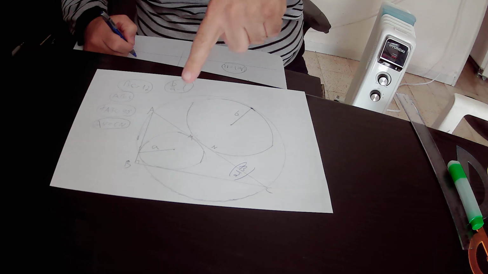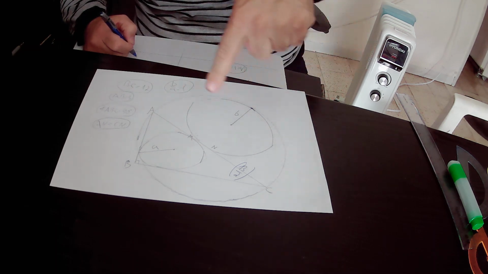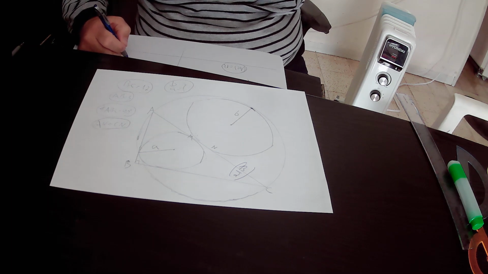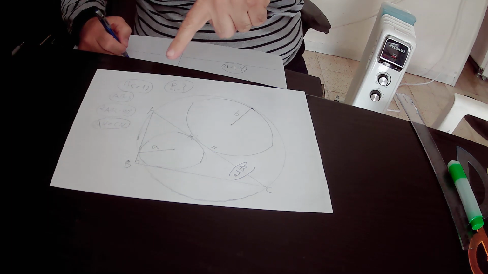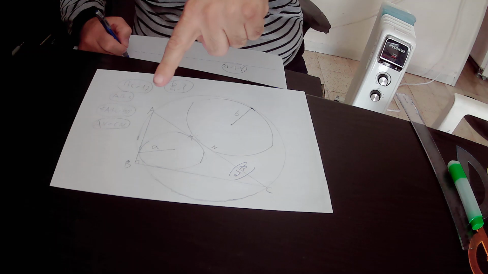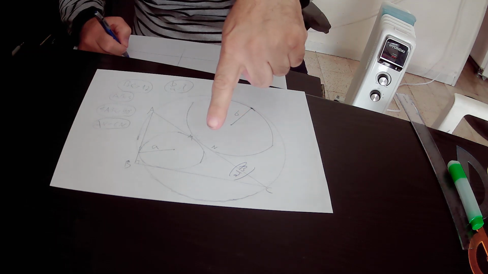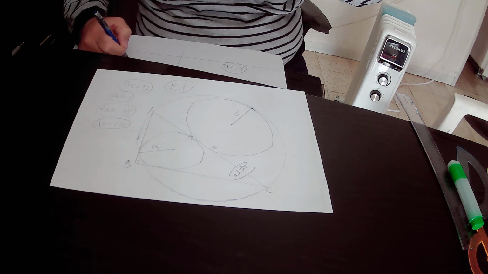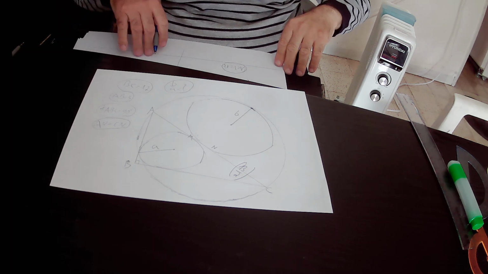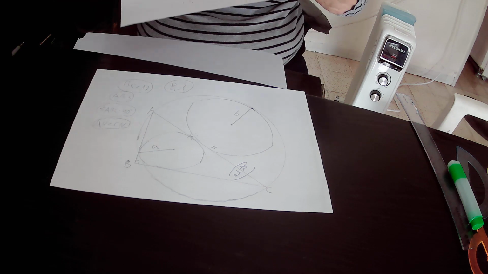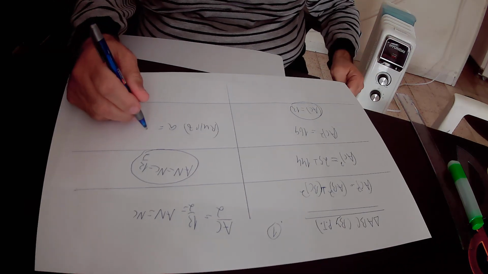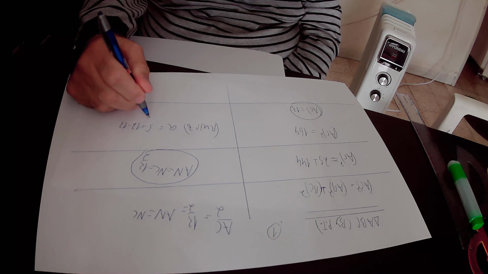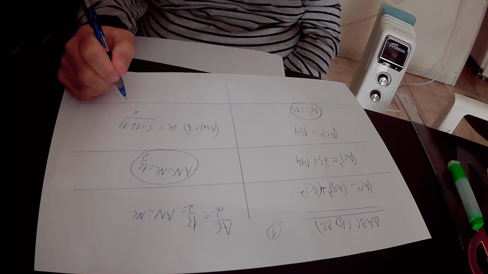Again, A equals AB plus BC minus AC over 2. So A equals AB, that is 5, plus BC, that is 12, minus AC, that is 13, over 2. So in total, we found out that A equals 5 plus 12 minus 13 over 2. This is according to rule number 8.